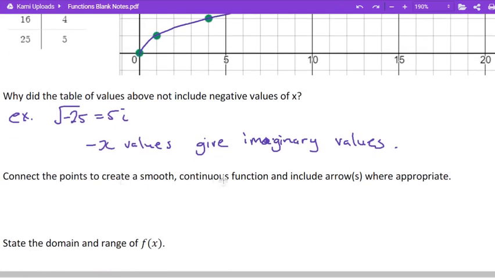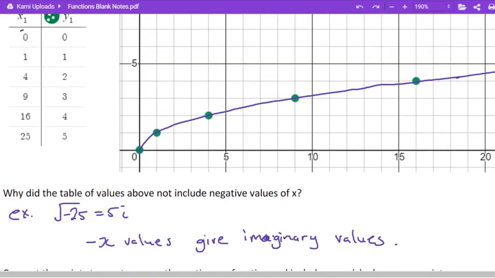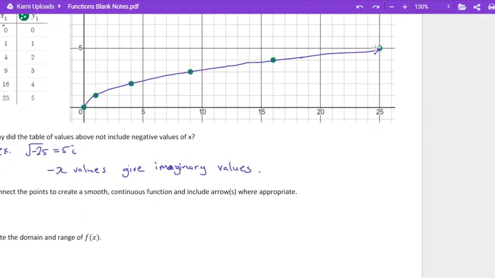All right, connect the points and create a smooth continuous curve, including arrows where appropriate. So here's the question. For this function, how many arrows do I use? Just one. Okay, there's only an arrow here to indicate that the function keeps going on forever and ever and ever. And you need to use arrows on your functions to show that they continue.